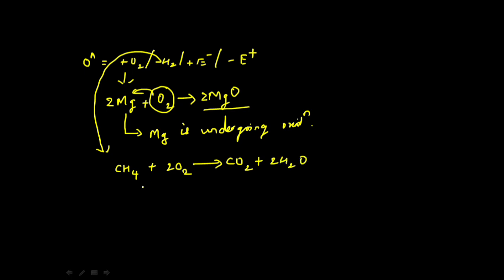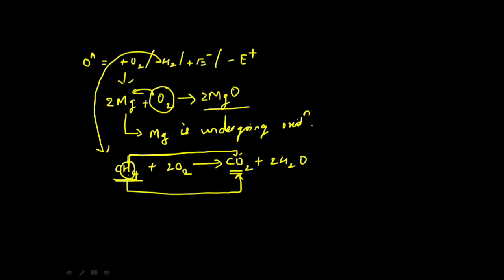In this case you observe the methane molecule getting converted into carbon dioxide. Here the hydrogen has been removed from the compound, isn't it? So this is nothing but oxidation. Addition of oxygen or removal of hydrogen from a molecule is oxidation. So here methane is undergoing oxidation.